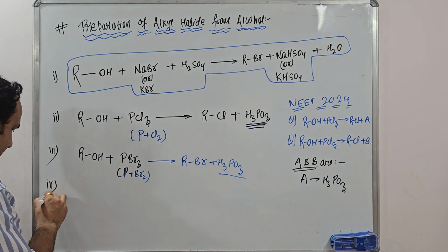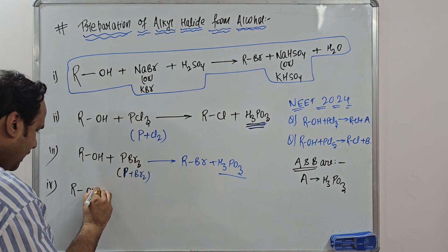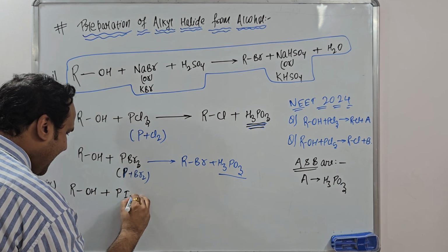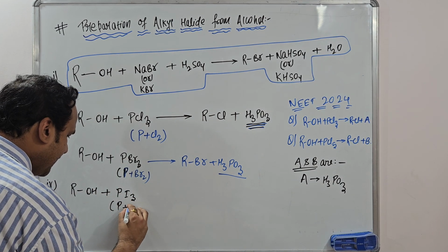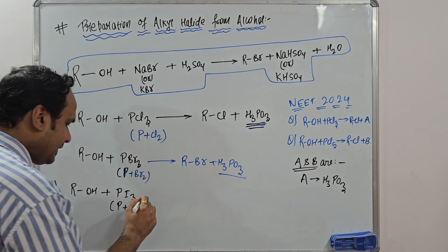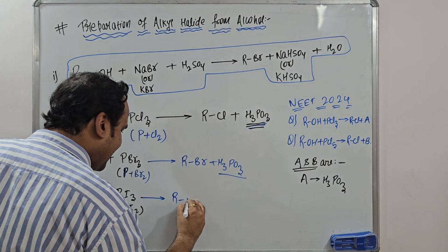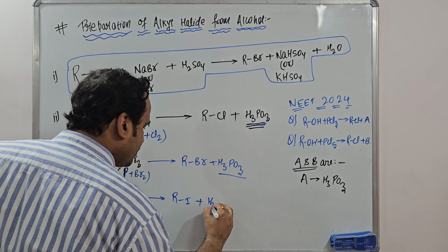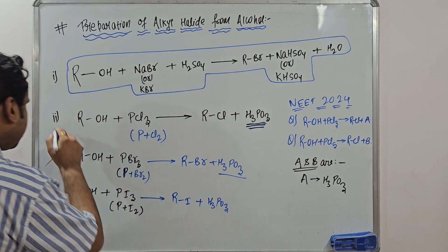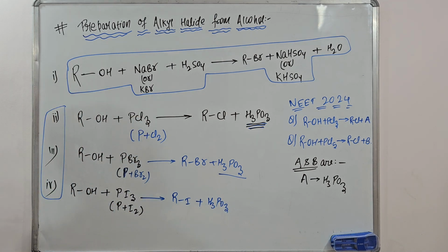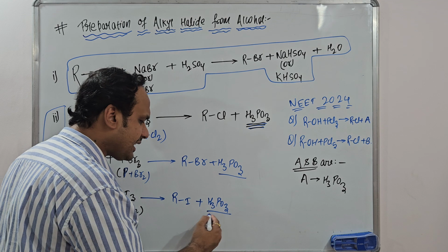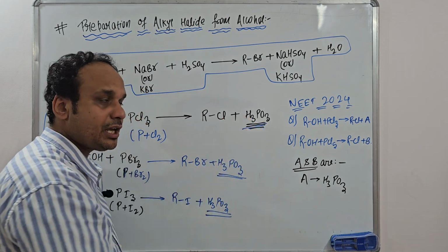Similarly, the fourth reaction, alcohol reacts with PI3. PI3 can be written as P plus I2. And the product over here you will get is RI plus H3PO3. So in all three reactions, H3PO3 is very important.